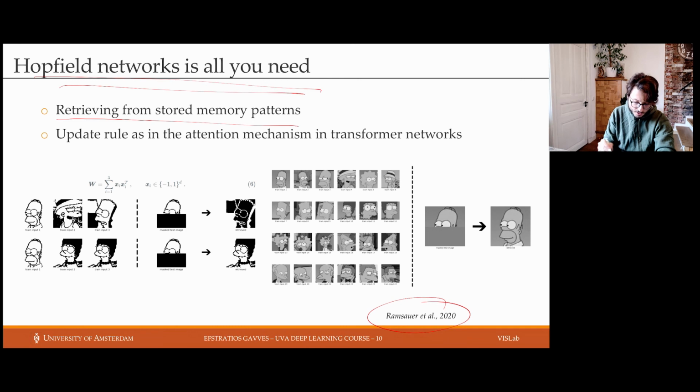Hopfield Networks is All You Need, and they show how you can retrieve and complete interesting patterns from stored memories, and they show that if you have an update rule that resembles the attention mechanism in your transformer networks, this can actually make a difference. Thank you.